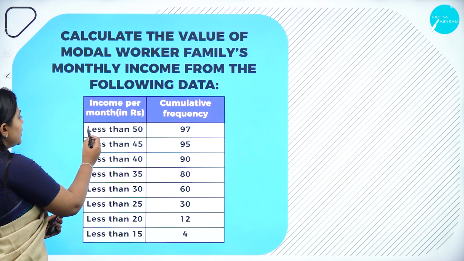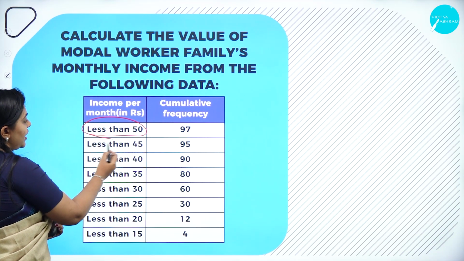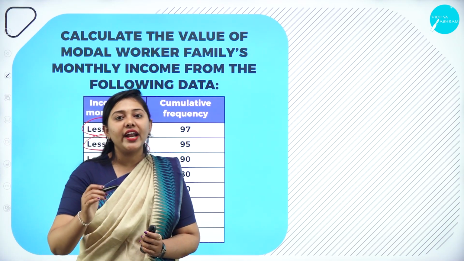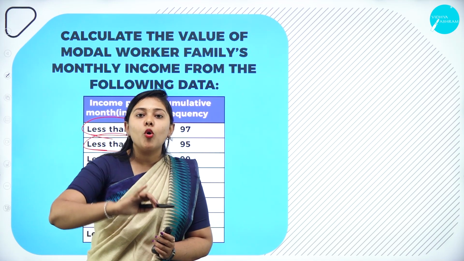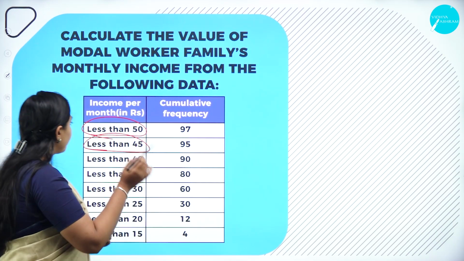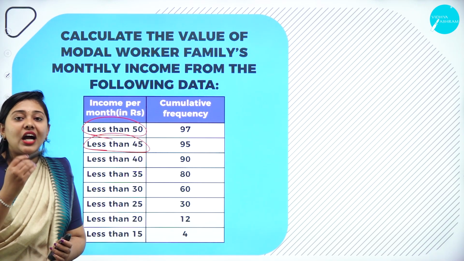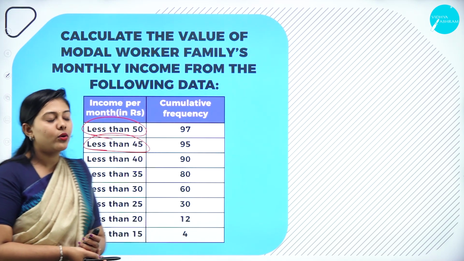What is given here? Less than 50, less than 45. The data is not arranged, and at the same time they have given less than values. So we have to convert them into a continuous series. How do we calculate that?